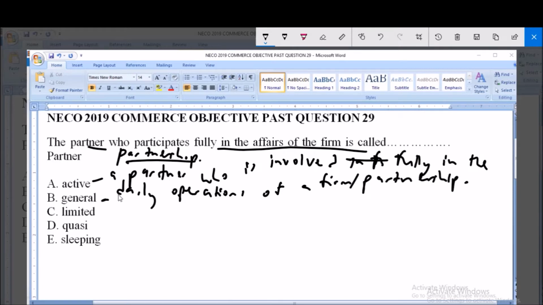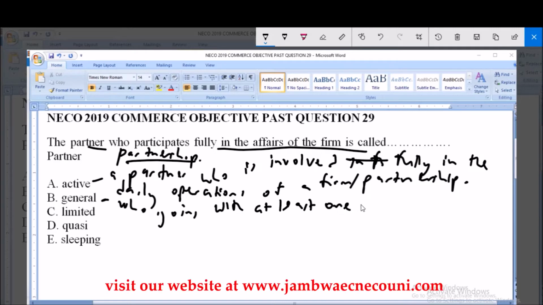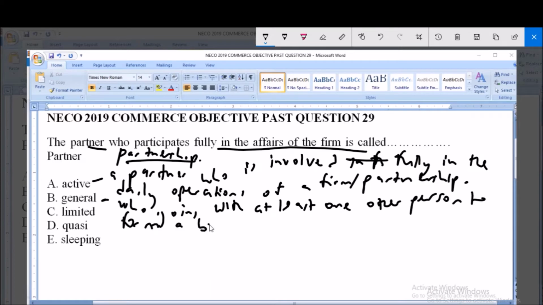Now number 2, which is general partner, is a partner who joins with at least one other person to form a business. That is the general partner.